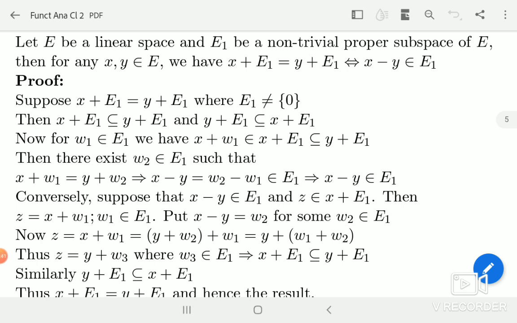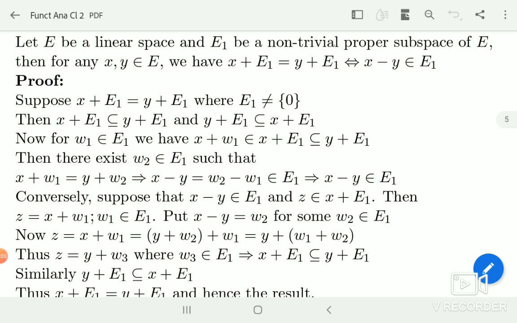Now x minus y is some element of E1, which is already in the assumption. So x minus y is equal to W2 for some W2 element of E1. Gathering all the information we have, Z is equal to x plus W1, which is equal to y plus W2 plus W1, substituting for x.